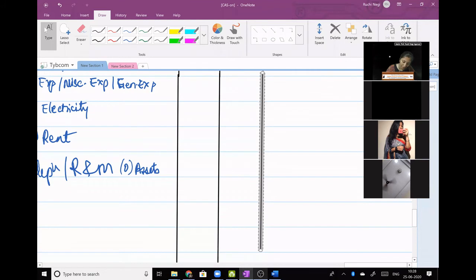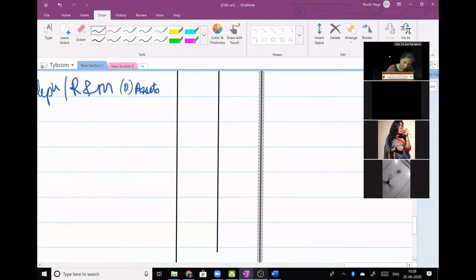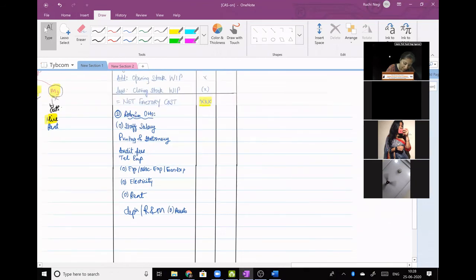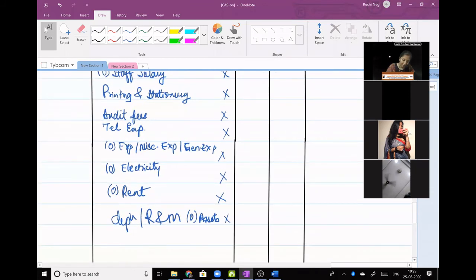Write the list. These are your probable expenses under office: office staff salary, printing and stationery, audit fees, telephone expenses, office expenses or miscellaneous expenses or general expenses, office electricity, office rent, depreciation or repairs and maintenance on office assets.